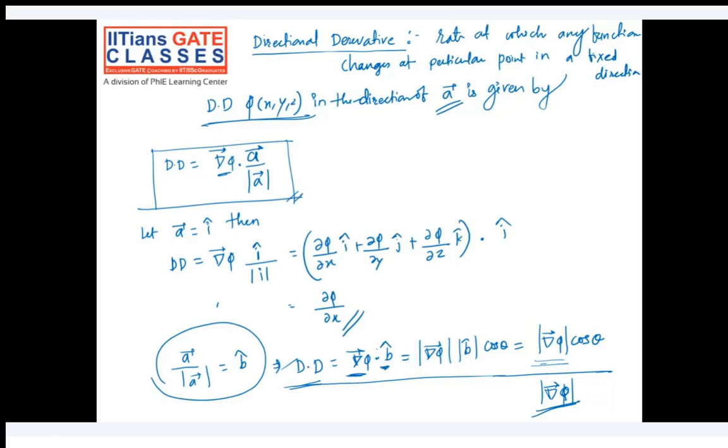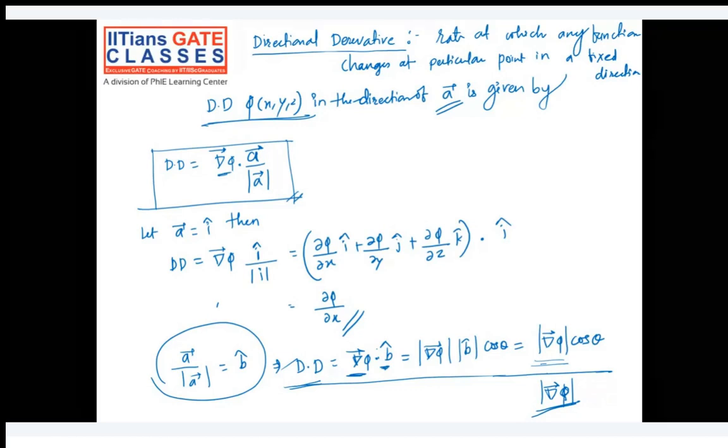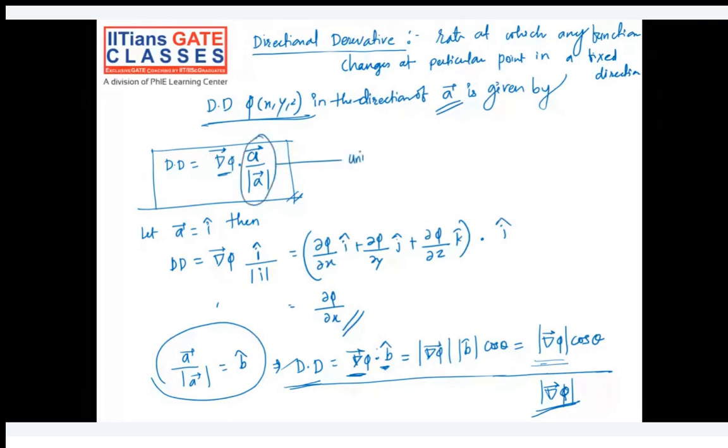So a bar divided by mod of a bar will give us the unit vector in the direction of a bar. And del of phi will be the gradient of phi. A dot product of that will be your directional derivative.